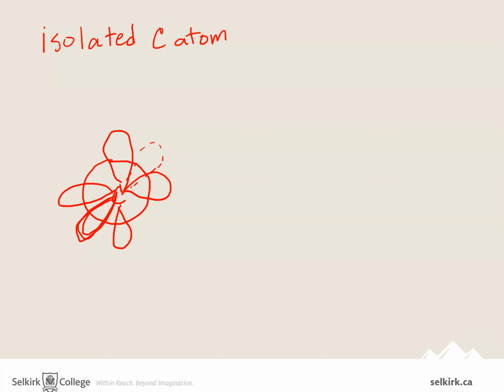That's what it looks like, but I can also represent the relative energies of those orbitals. The 2s was lower in energy than the 3 2p's. When we looked at the periodic table, we could see that carbon has 4 valence electrons: 1, 2, 3, 4.